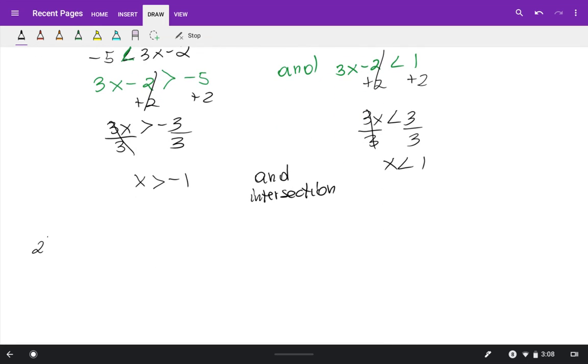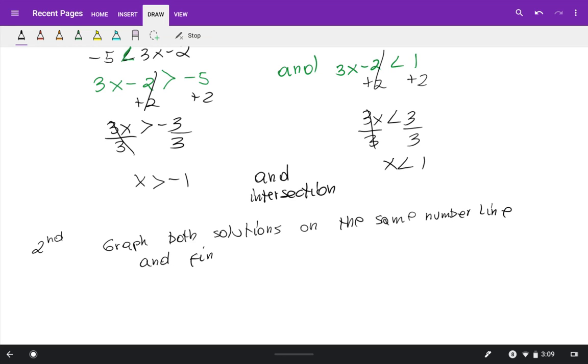Second, graph both solutions on the same number line, and find the intersection.